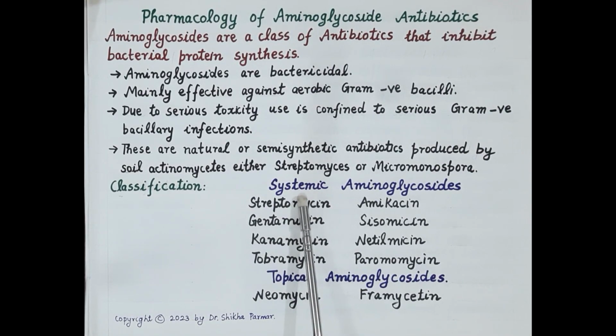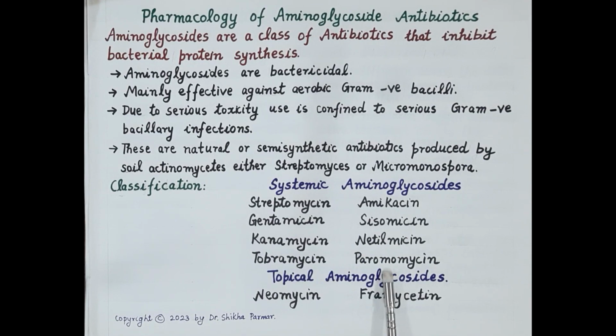Systemic aminoglycosides are streptomycin, gentamicin, kanamycin, tobramycin, cycloserine, amikacin, then netilmicin and paromomycin. While topical aminoglycosides include neomycin, then framycetin.